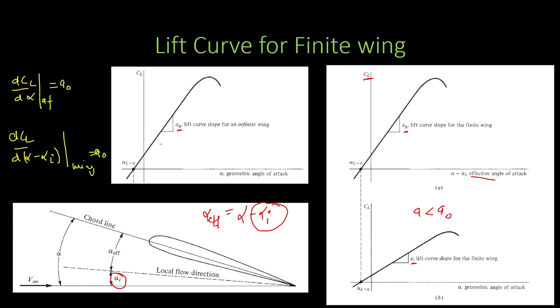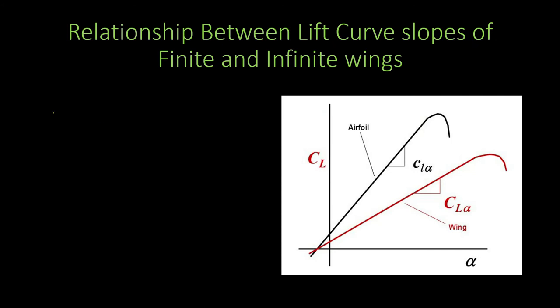This is clear from these two curves. Now coming back to our second relation, dCl by d(alpha minus alpha I) is equal to a naught, where a naught is the lift curve slope for an airfoil.